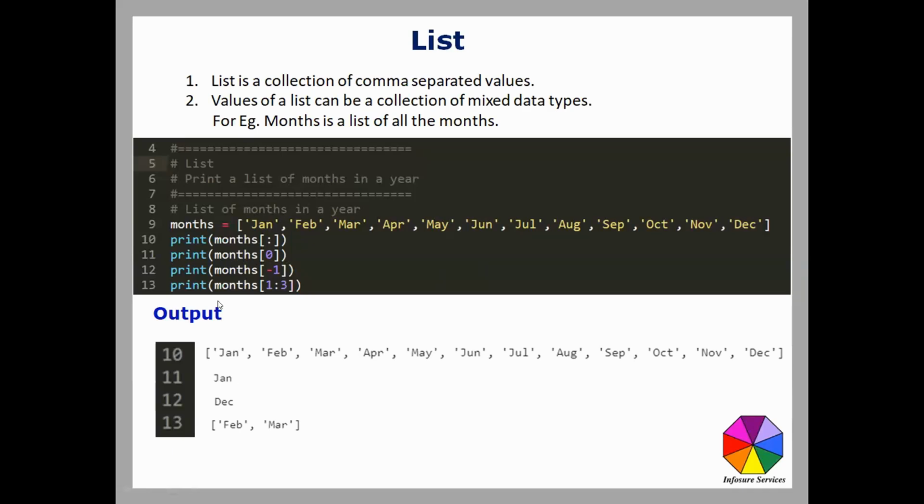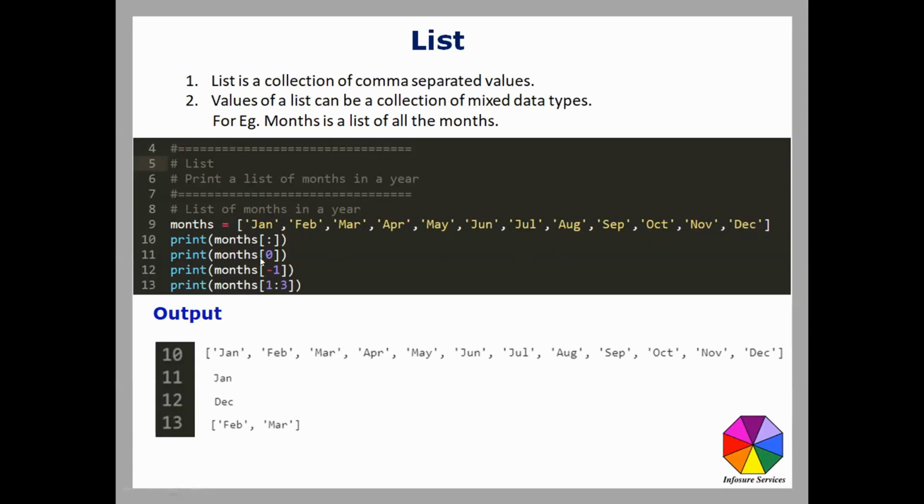So in Python a list is 0 indexed, and the last one is -1. I can come back from the end of the list by having a notation like this: -1, -2, -3. Each of these is a position. So months of -1 means December, months of -2 means November, like that.